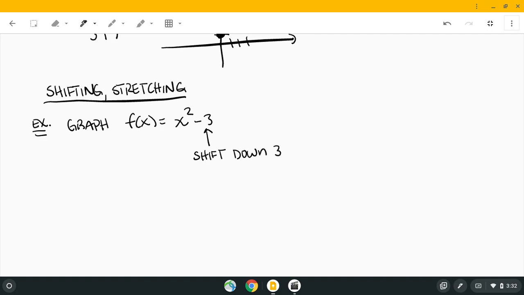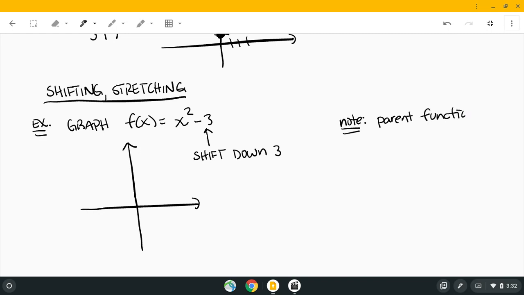Okay, so my graph, if you remember the parent function, so note here the parent function is f of x equals x squared, and we have points at 0, 0, 1, 1, negative 1, 1, and it's a parabola.